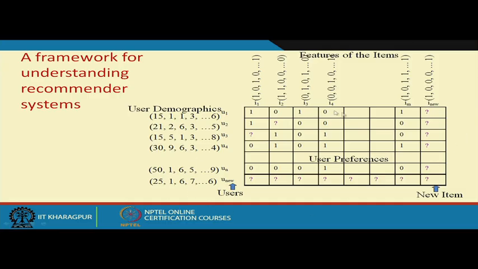So, given this situation, what does a recommender system do? A recommender system can ideally decide whether a specific item can be proposed to a specific user, looking at his past or current interest.